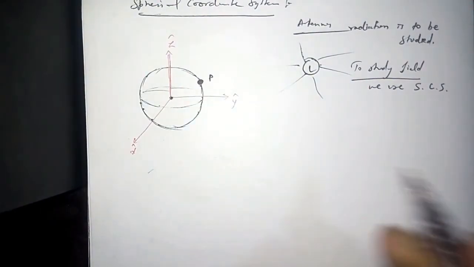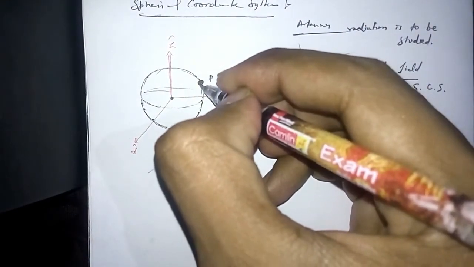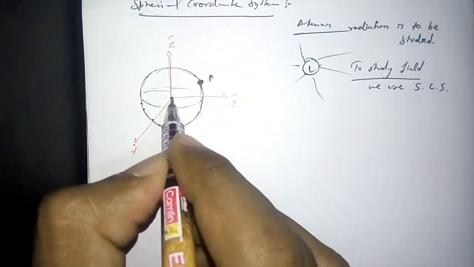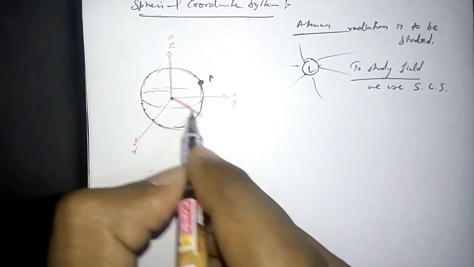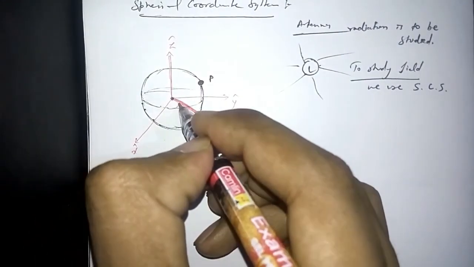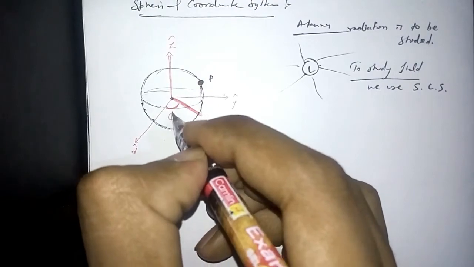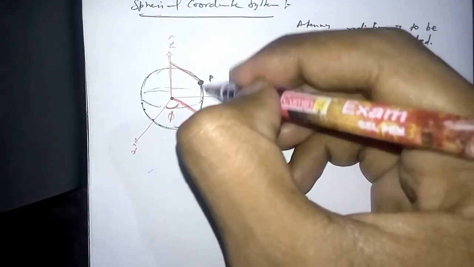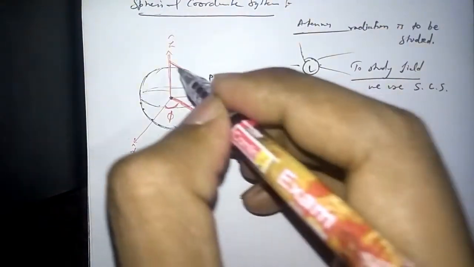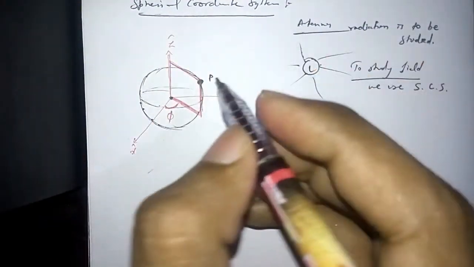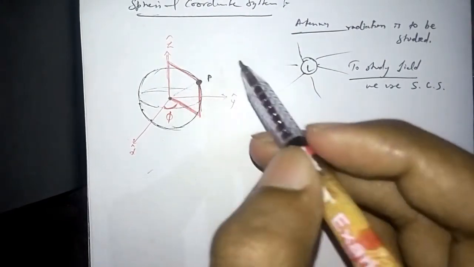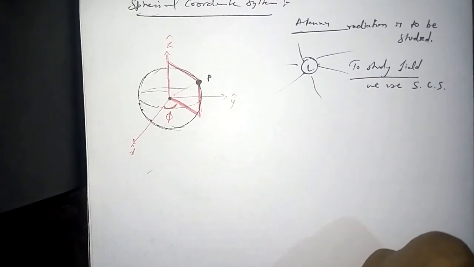This is the projection on xy plane, this is the line, and this is phi.